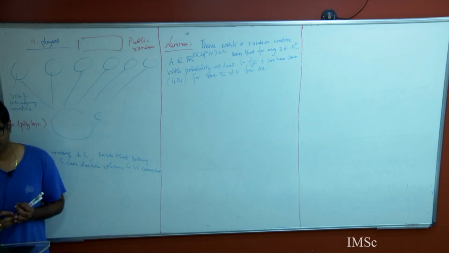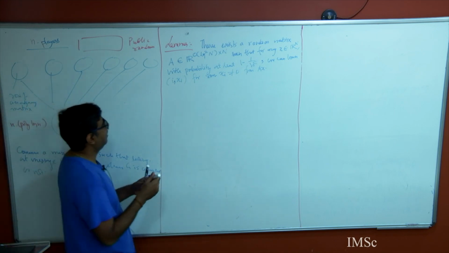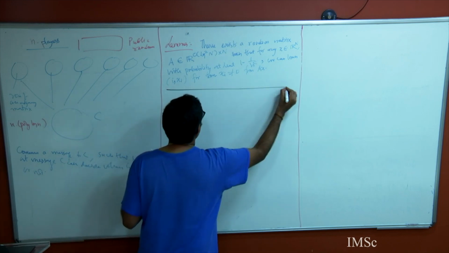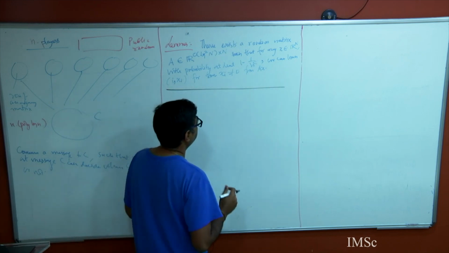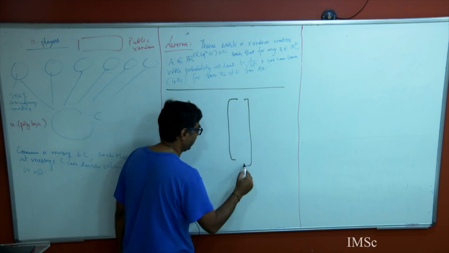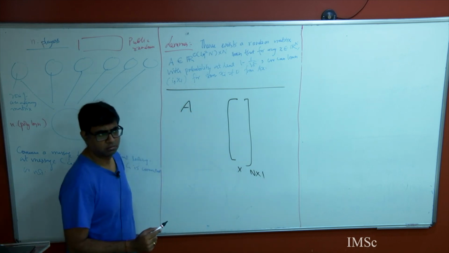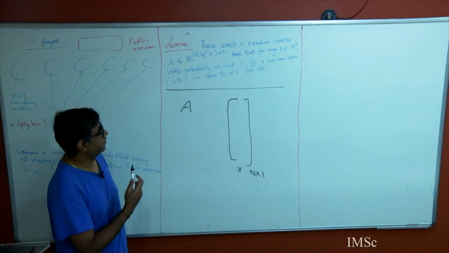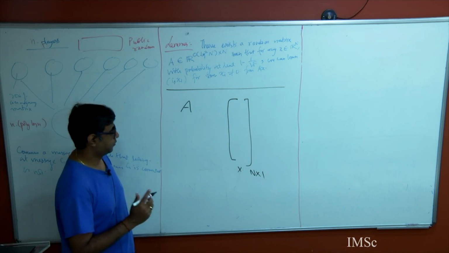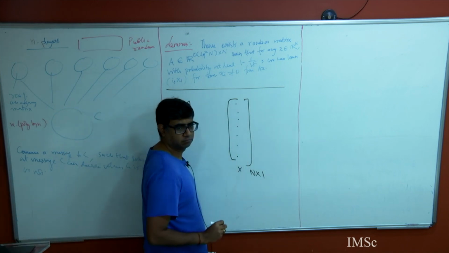So what does it tell us? It is important to have the quantifiers correct here. We have a random matrix A. If you give me a long vector x of dimension n cross 1, there are some entries which are non-zero, and I don't know which.